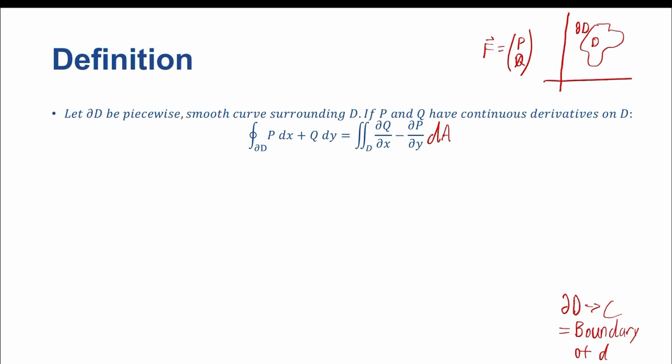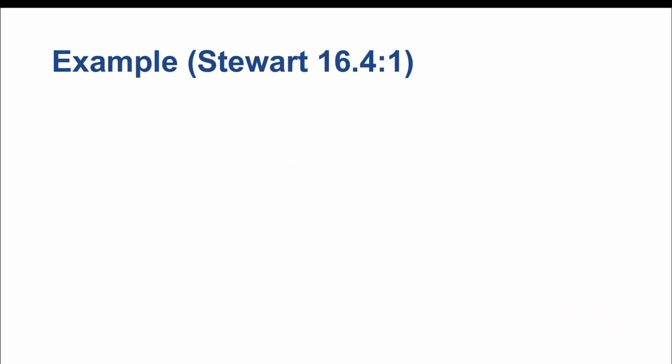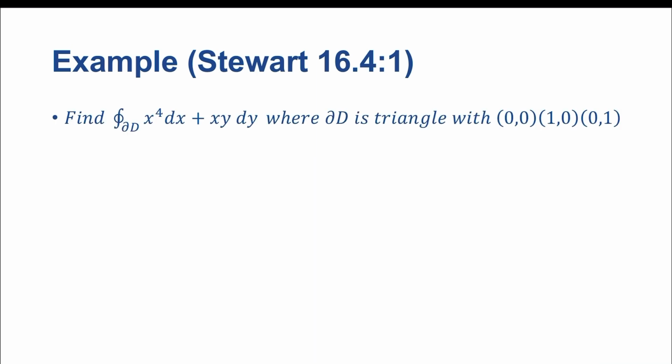Okay, so you can kind of see where this is coming from. We'll do a proof in a later video, but this is where we go from that line integral idea over here to a double integral idea over here, which makes things just a little bit nicer for us to be dealing with. So let's try a simple example to illustrate the use case of Green's theorem.